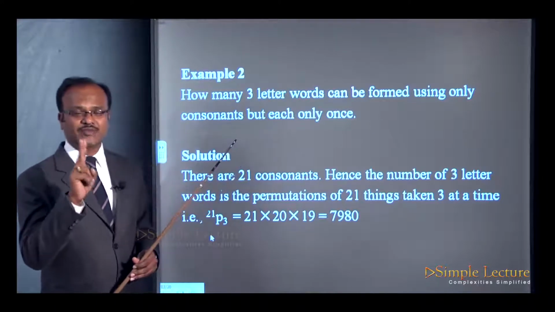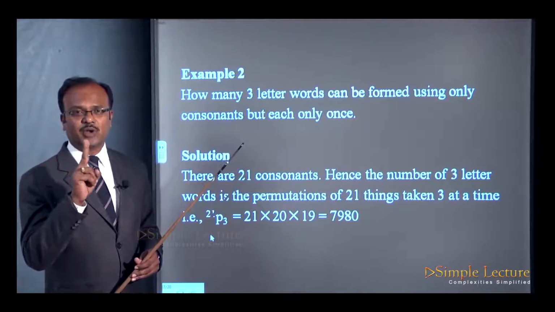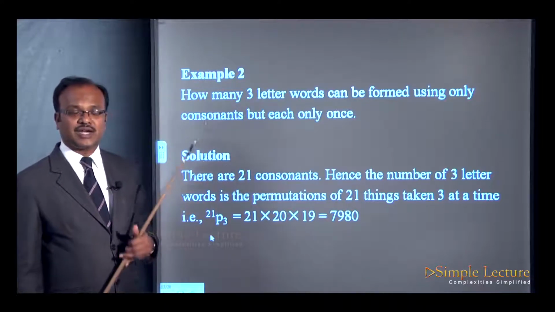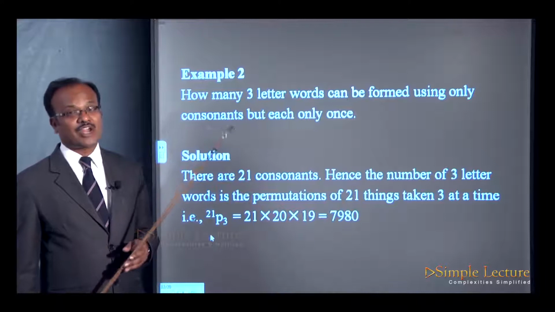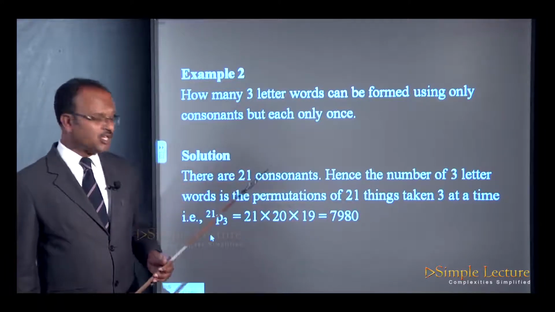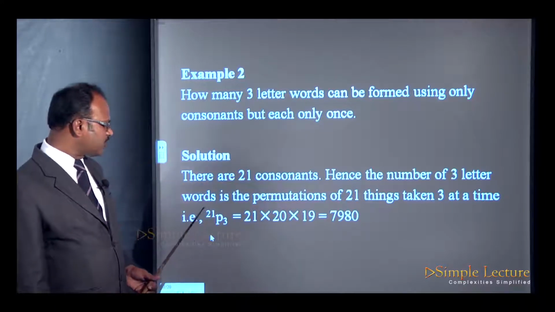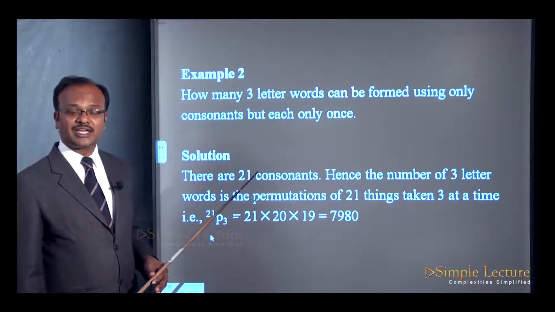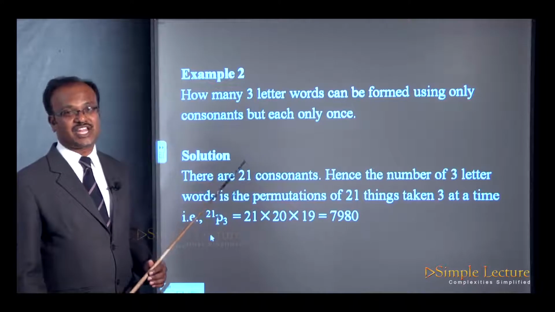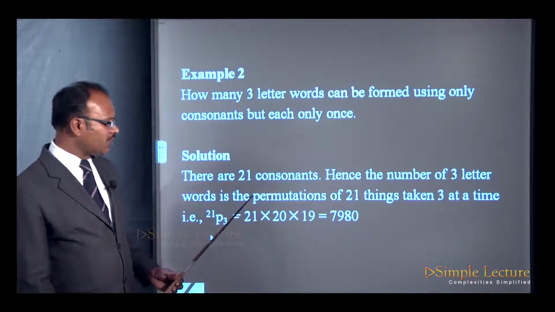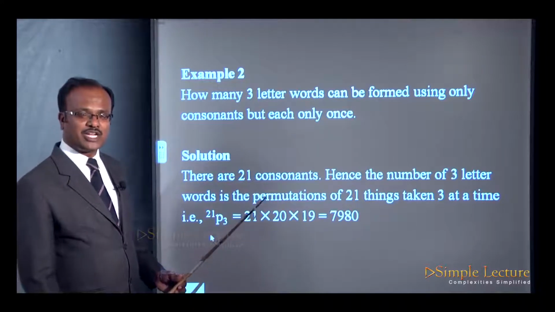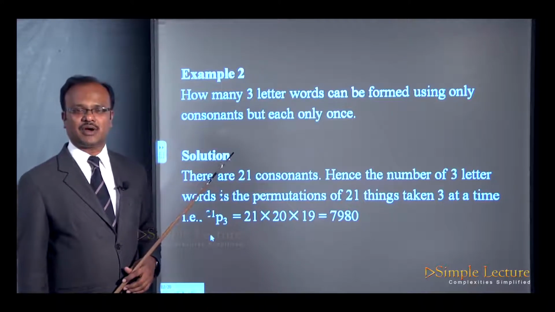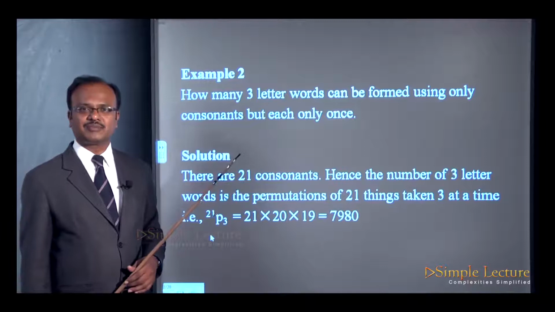One is to use the factorial notation formula and work it out, or the other one is to use the definition of factorial. So, if you have 21P3, that means start from 21, go up to 3 numbers by taking 1 less each time. That means 21 minus 1 is 20, 20 minus 1 is 19. That is what will become nP3 or here 21P3.